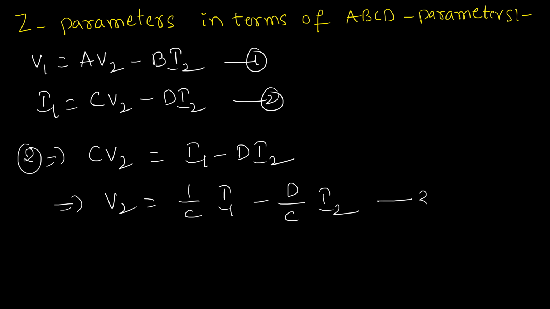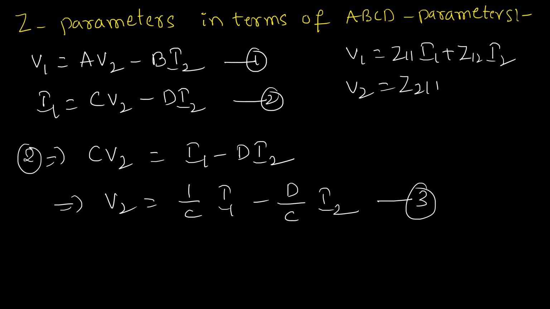Call it as equation 3. We know the standard equations for the Z parameters: V1 equal to Z11 into I1 plus Z12 into I2, and V2 is Z21 I1 plus Z22 I2. Now you compare this with the third equation. There you get Z21 as 1 by C, Z22 as minus D by C. So half of the job was done.